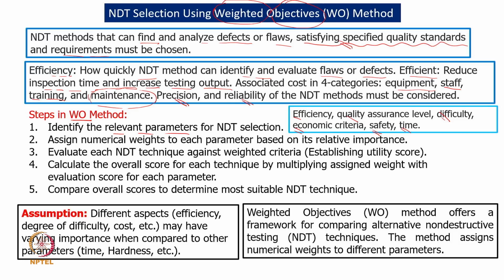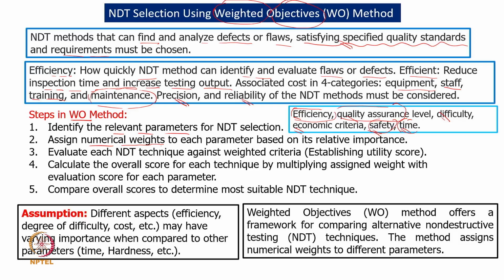Now, what we are trying to do in this method is assign numerical weights. I have seen many optimization methods which say that everything has the same weight. That means efficiency importance, quality assurance importance, safety importance, time importance, everything is almost the same. We are not giving special weightage to anything. In another scenario, we can say no, safety is number 1 important, efficiency is number 2, and then quality assurance is number 3.